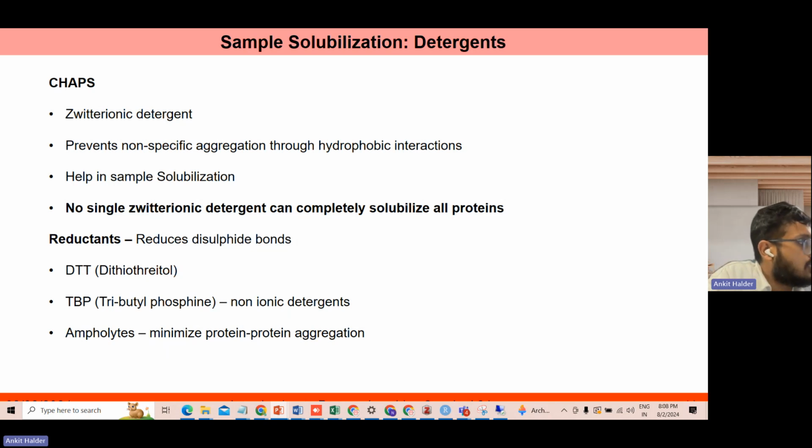Now, since no single zwitterionic detergent can completely solubilize all proteins, reductants are also there, which reduce the disulfide bonds. Among which DTT, or dithiothreitol, is one of those. TBP, or tributyl phosphine, is also used, and ampholytes minimize protein-protein aggregation and are used extensively during gel electrophoresis, when we look into two-dimensional gel electrophoresis.